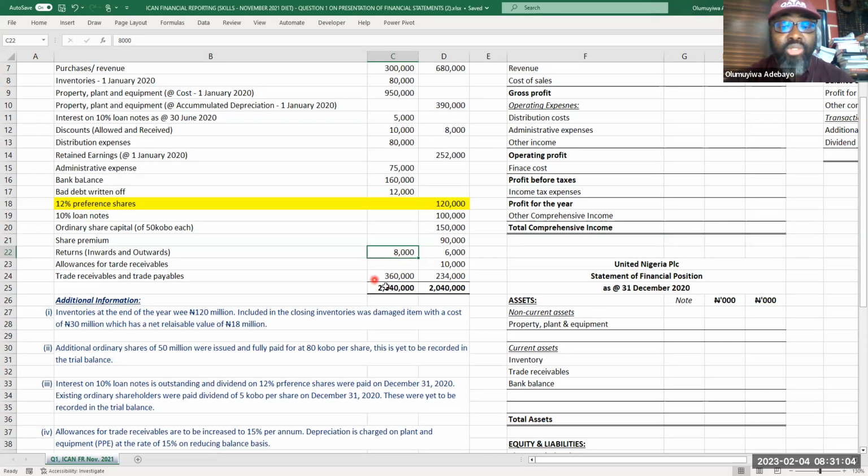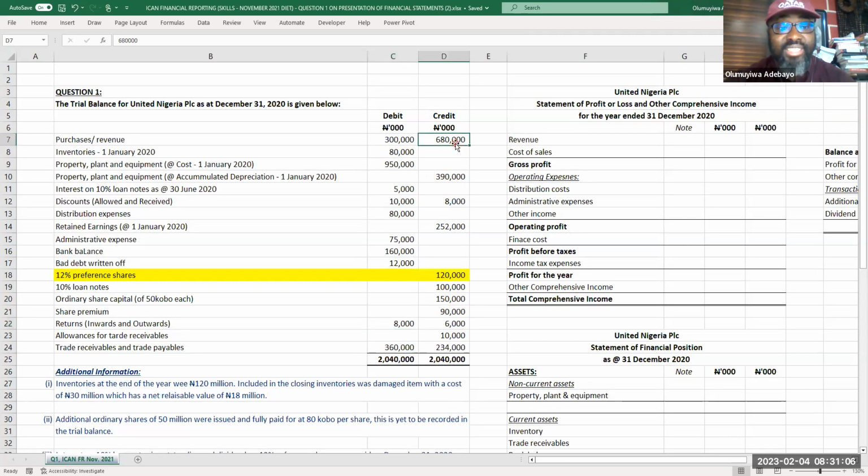What is it? Because you have made sales of 680 million, of which you provided in your contract with customers that whether as a result of defect or whatever it is, they have a window to return those items. And what they have returned out of this 680 is 8.